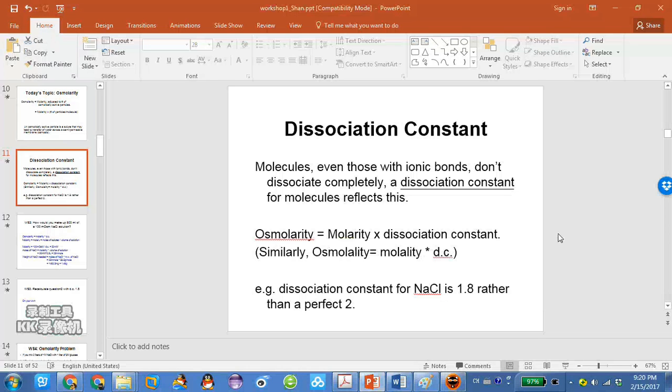Now that we have the definitions of osmolarity and osmolality to express the overall concentration of a specific solution that is related to the osmotic pressure or osmosis, we can safely say that the direction of osmosis, or the direction of net water movement, is from a lower osmolarity to a higher osmolarity solution.